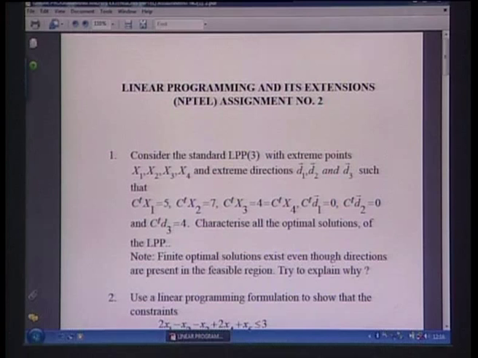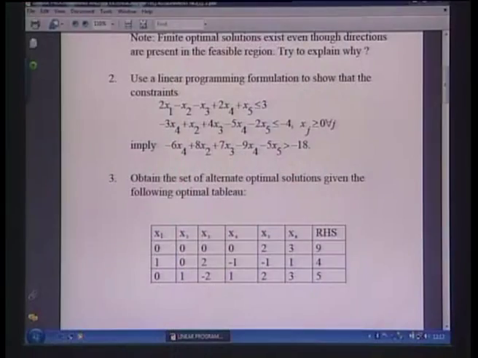I chose this example particularly to show you that even though your feasible region is not bounded, because it has directions present in it, it does not disturb the minimum value of the objective function, because along the direction present in the feasible region, the value of the objective function is increasing. So now you can tell me what the minimum solution would be.